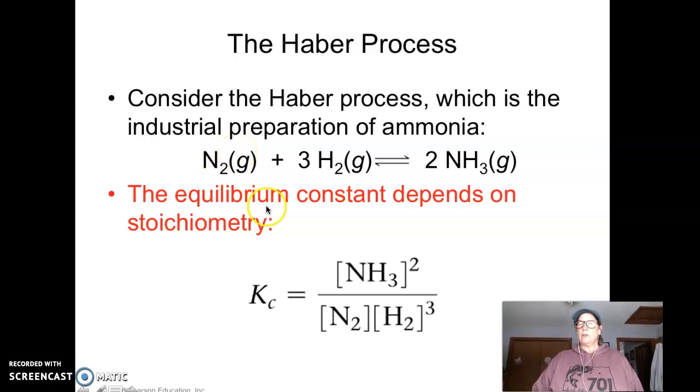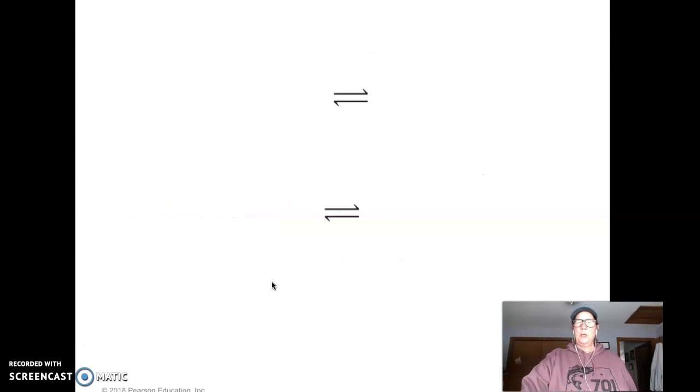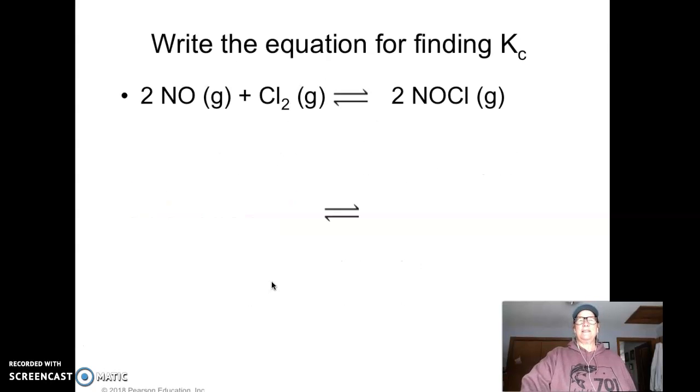So again, the products go on top, and then whatever their coefficient, we've got hydrogen, and there's a 3 here, so it's to the third power, and N2. That's how we would figure its reaction constant. And that's similar to what we did last chapter. But now for an equilibrium, we have to figure it out according to how they change.